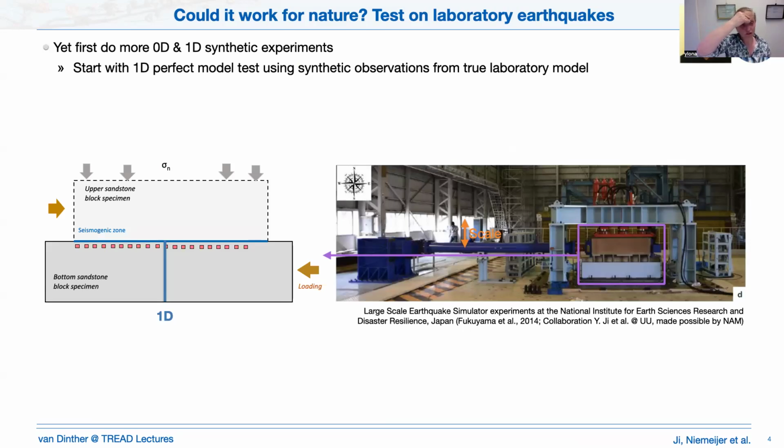So can we also do this for nature? We wanted to test that on laboratory experiments, and this configuration of a very large fault in Japan that was studied by Yantao Yi and André Niemeyer a while ago. We built a numerical model configuration to test this. But also there, Ahmed, when he studied for his PhD, had to start simple, with synthetic tests, to understand more.